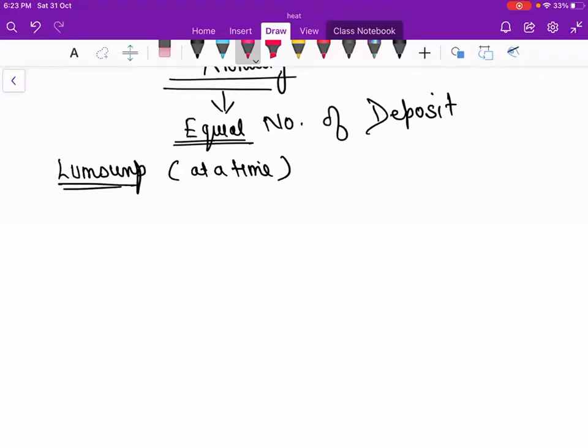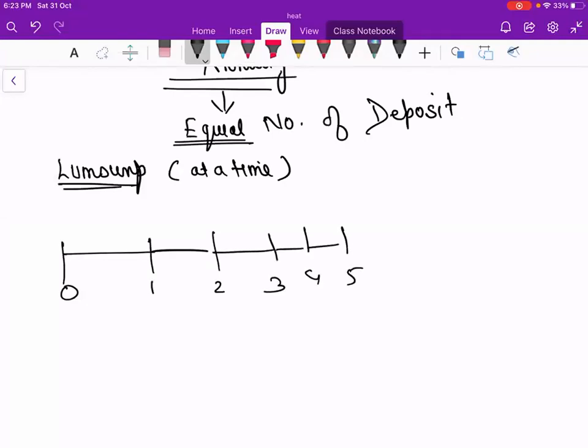So suppose this is the 0th year, 1 year, 2 year, 3 year, 4 year, 5 year. We will take up to 3 years only. Here also 0, 1, 2, 3.